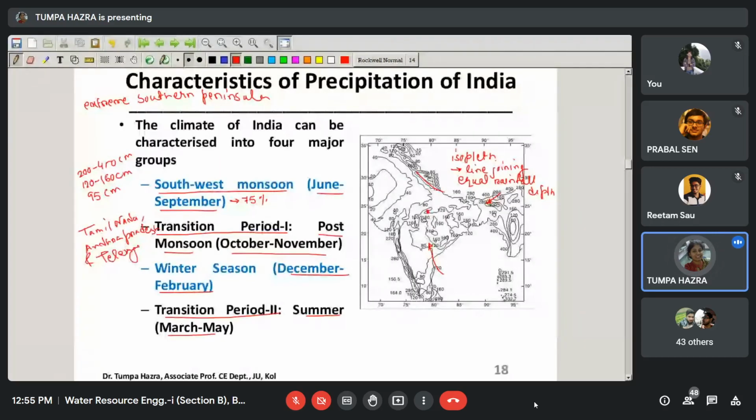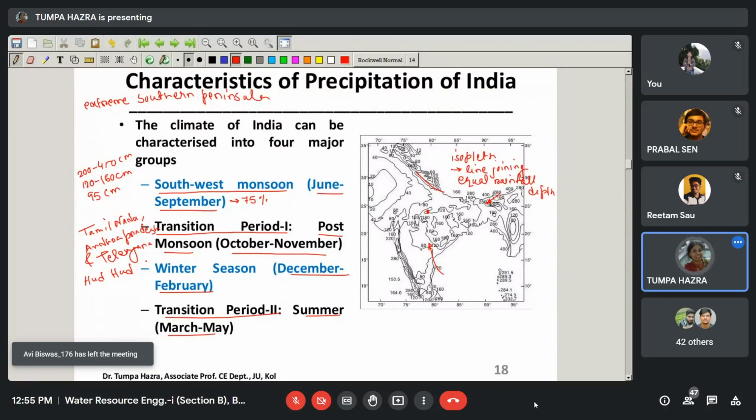Now, because of this transition period 1, you may have find rainfall during our Durga Puja. I don't know whether you have heard or not, the devastating cyclone Hudhud occurred in Tamil Nadu, Telangana, and Andhra Pradesh because of this post monsoon.